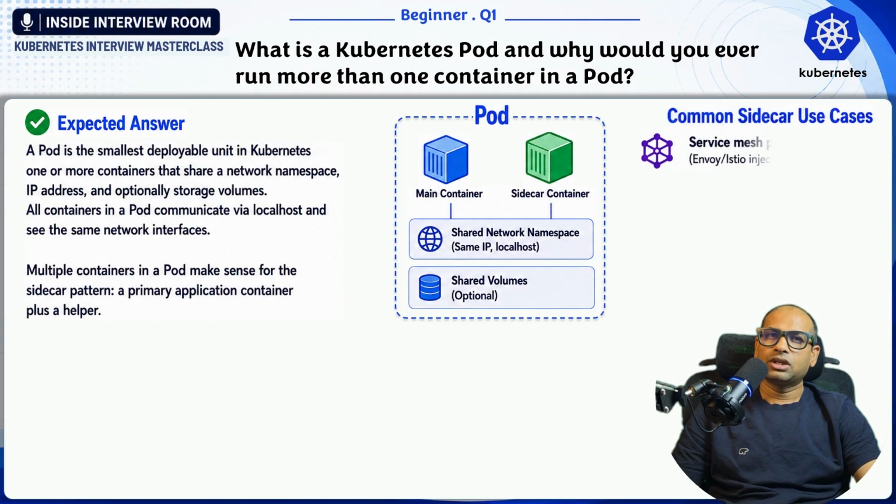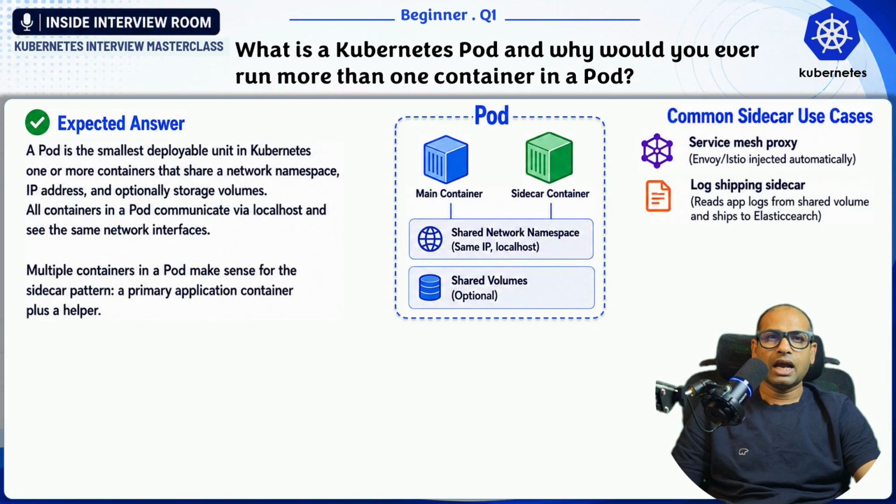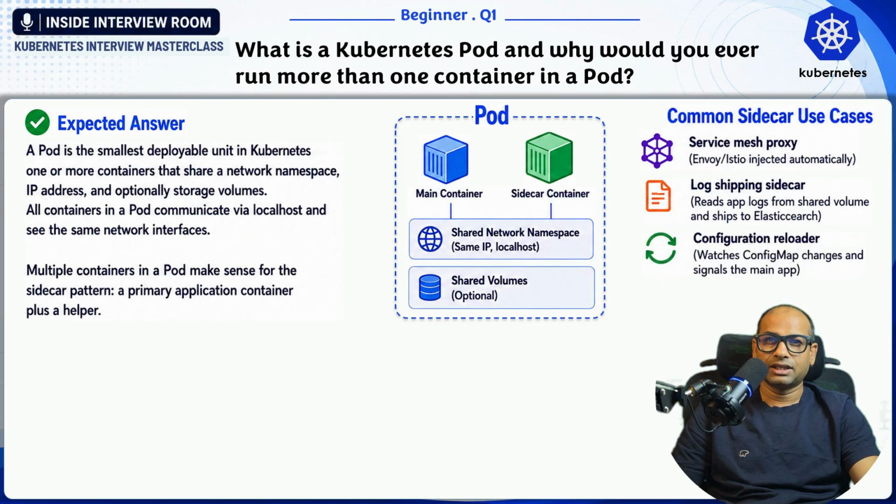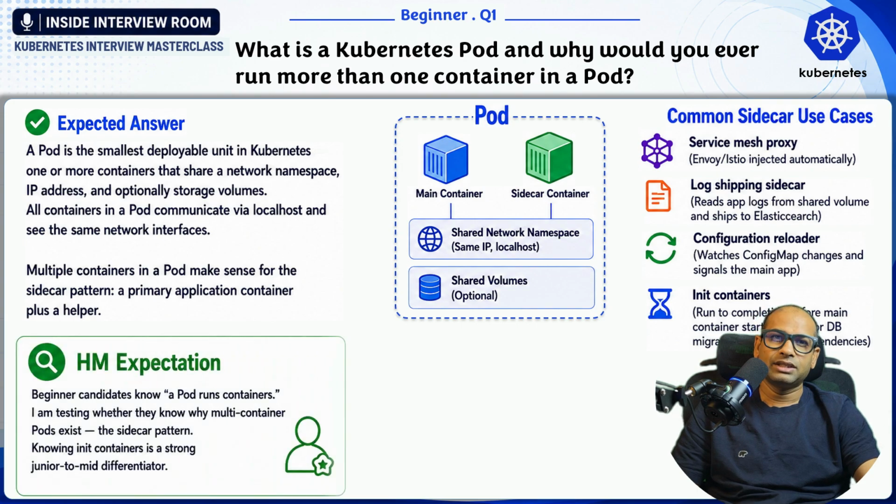Common sidecar use cases: service mesh proxy, Envoy, Istio injected automatically; a log shipping sidecar, which reads app logs from shared volumes and ships to Elastic; a configuration reloader that watches a ConfigMap and signals the main app on changes.